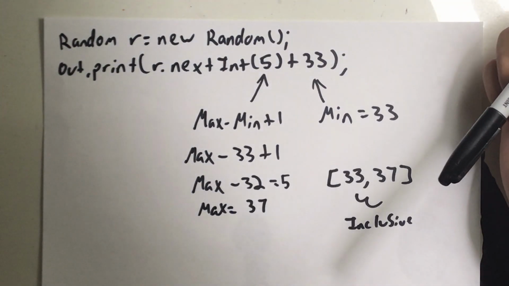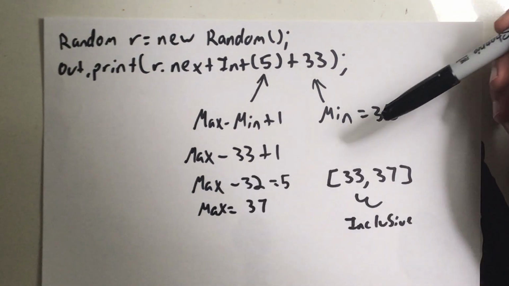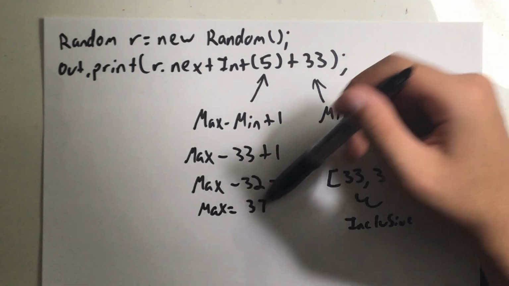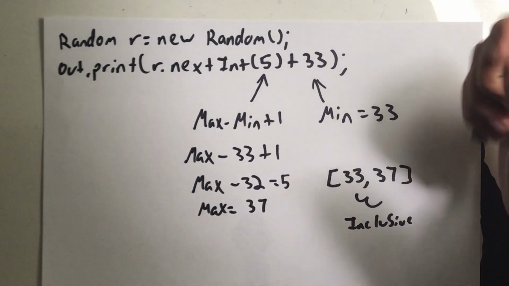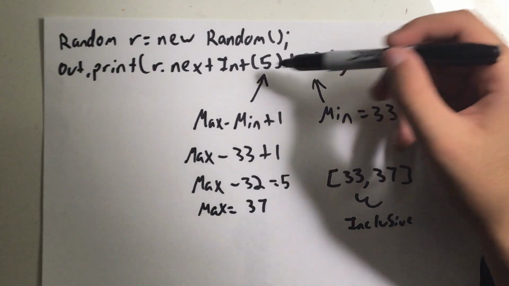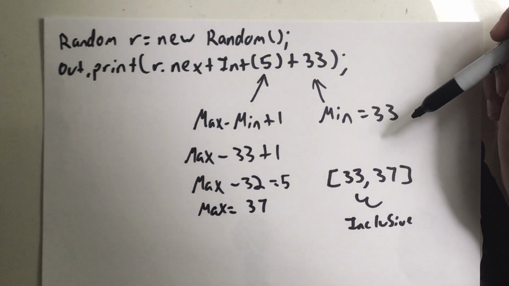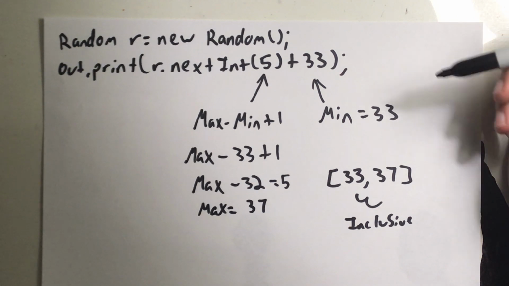So your max is 37. And these points are in the interval, and the numbers in between are in the interval too. And nextInt means you're going to get an integer value. So that's why you don't get 33.5 or whatever. Yeah, that's pretty much it.